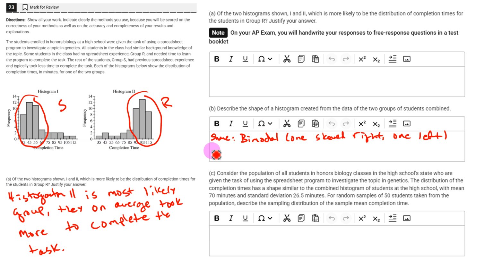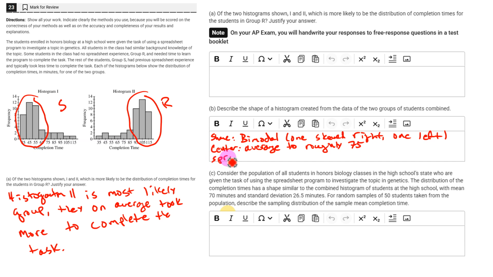Outliers, we don't really have any outliers. The center would be basically the center of both of them. You're going to average out to about 75. Center, it would average to roughly 75.